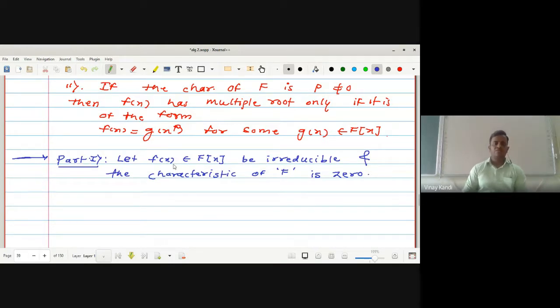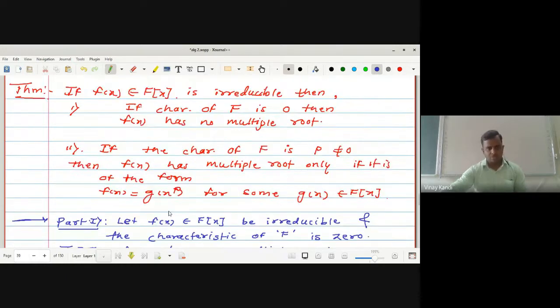Okay, so here f(x) is irreducible and the characteristic of F is 0. We have to prove that f(x) has no multiple root. Look at this.